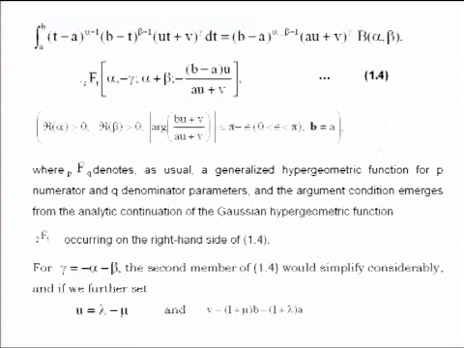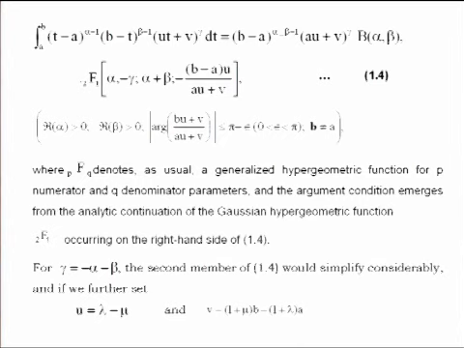Now in the second equation we can change to the integral from a to b of (t-a)^(alpha-1) (b-t)^(beta-1) (ut+v)^gamma dt, which is equal to (b-a)^(alpha+beta-1) (au+v)^gamma B(alpha, beta) times 2F1 of (alpha, -gamma; alpha+beta; -(b-a)u over (au+v)).